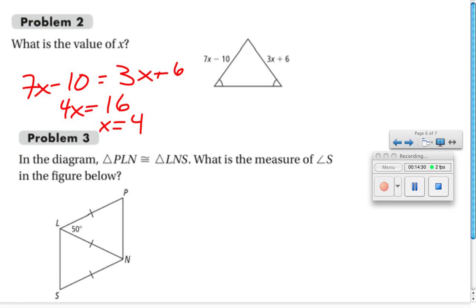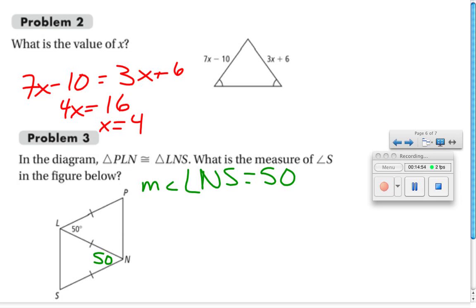L, N, S. Okay, the measure of angle LNS is also 50 degrees. And then? And then I just took PLS, and since L would also be 50 degrees, I made that 100 degrees. But I know I did it in a weird way, but I think I got it right.